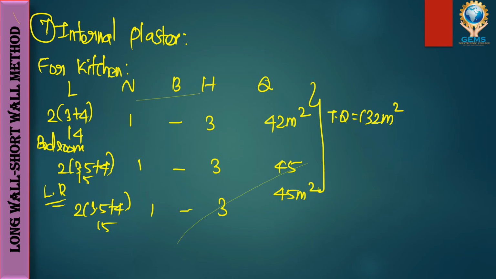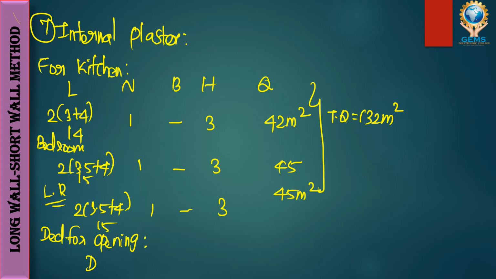Okay. So what is the next thing we need to do? We need to deduct the values. So deduction for openings. First one is for door. How many doors are there?